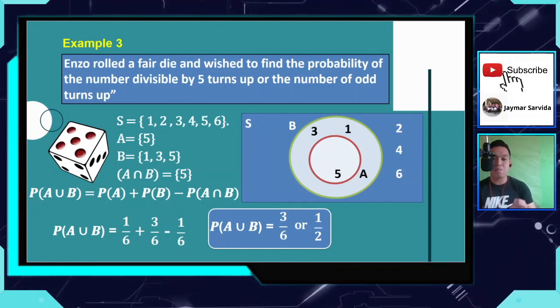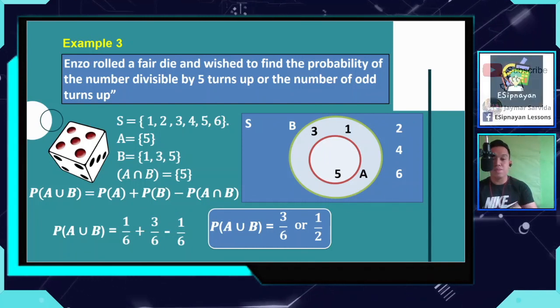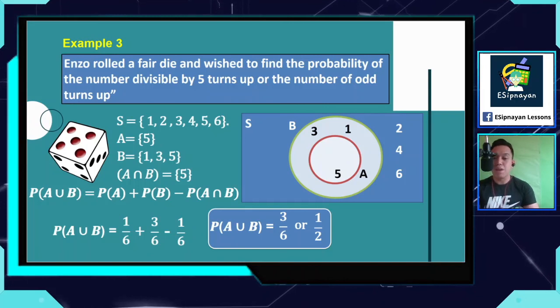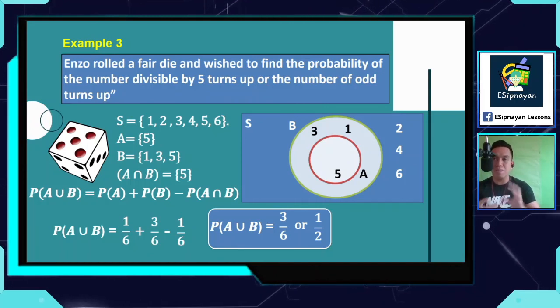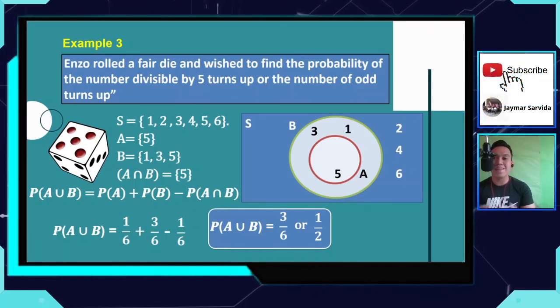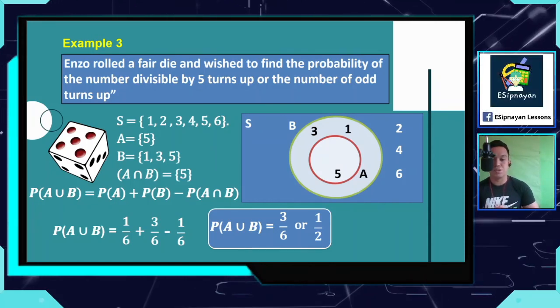So that is the probability of the number divisible by 5 turns up or the number of odd turns up. Yung or dito class, ang ibig sabihin yan is union ng dalawang event. Pagsasamahin natin yung dalawang event natin dito. Okay? So I hope na-gets ninyo yung ating tatlong examples.